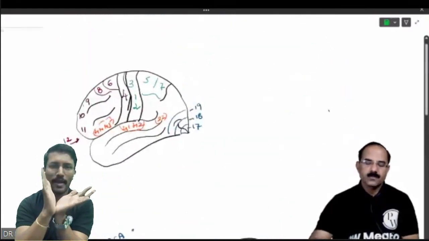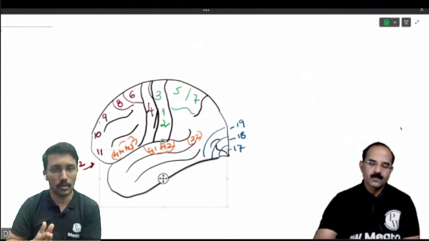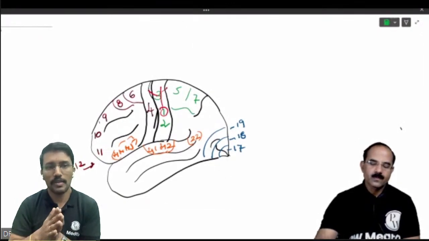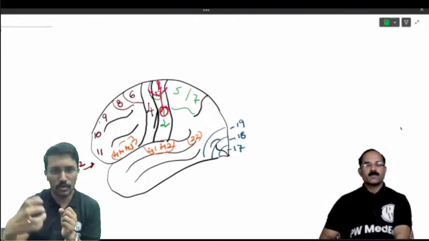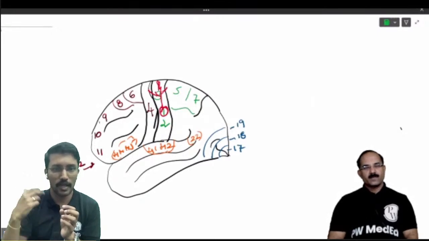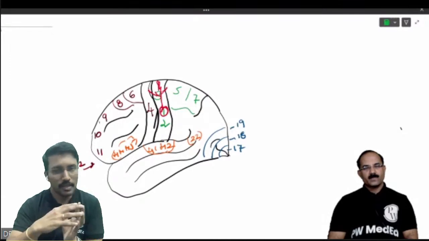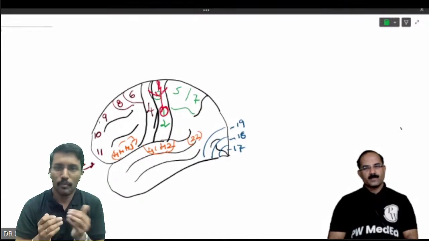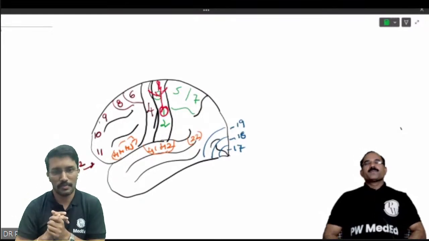So there is a widespread distribution of all these cell bodies from which the neurons are coming down. If I cause damage to, let me say, the superior or the medial aspect of the motor cortex, I'm most likely to damage the fibers going to the lower limb. On the other hand, if I damage the lateral aspect of the motor cortex, I'm more likely to damage the fibers representing the face and upper extremities, right?